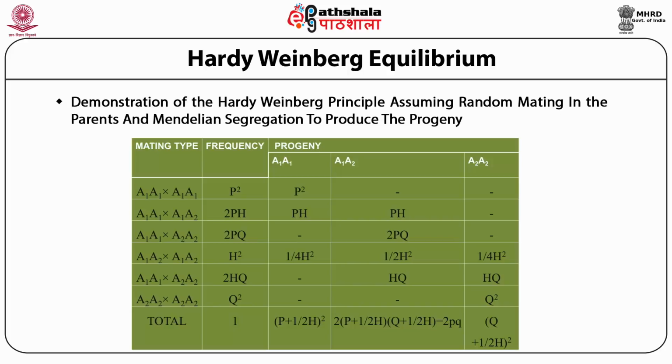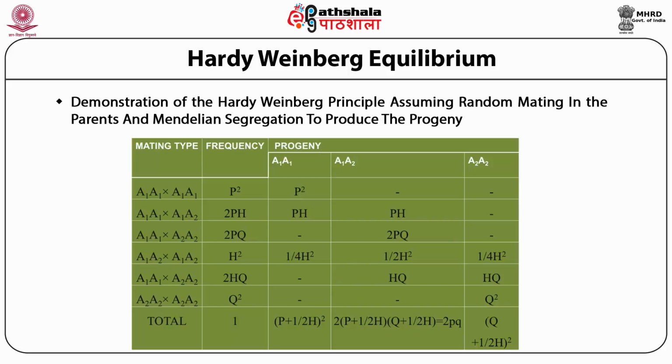Now let's try to understand this chart properly. In the first type of mating, where an A1A1 individual mates with another A1A1 individual, all the progeny are of A1A1 genotype. Since the frequency of A1A1 is represented by the letter P, therefore the frequency of the progeny can also be written as P square.